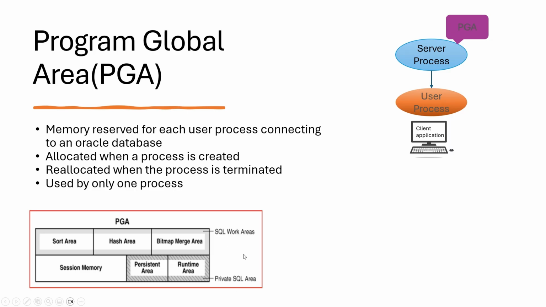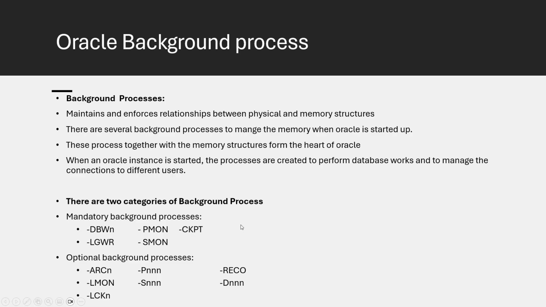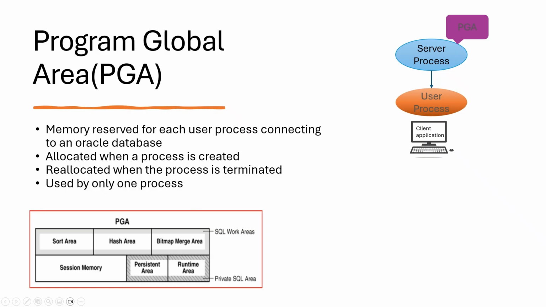Let's talk a little bit about that. The PGA is non-shared memory. It is dedicated memory given to each server process when a user requests information. Unlike shared memory, this is non-shared and will be allocated for your server process.